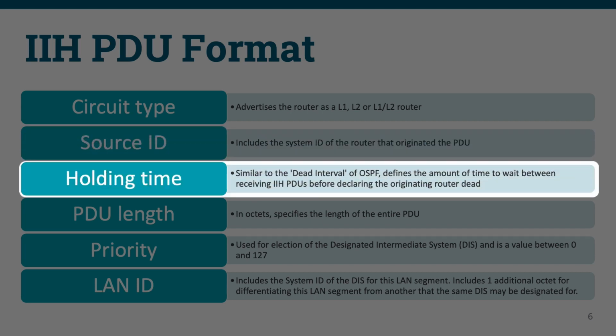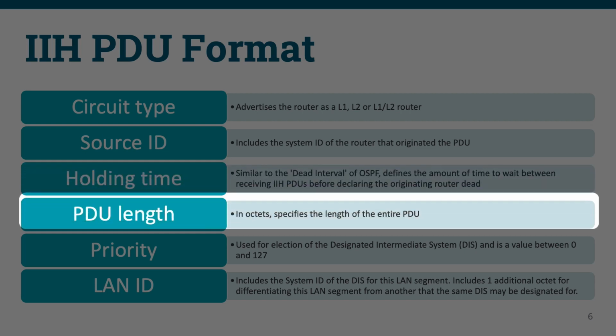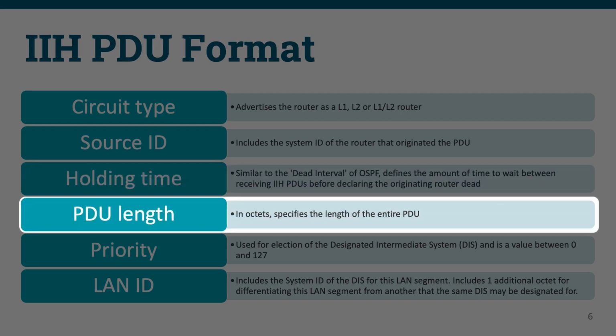Then we have the holding time, which is the same concept as the dead interval in OSPF. This defines the amount of time the originating router will wait between receiving IIH PDUs from a neighboring router before declaring the router dead. The PDU length field simply specifies the number of octets long that the PDU is.